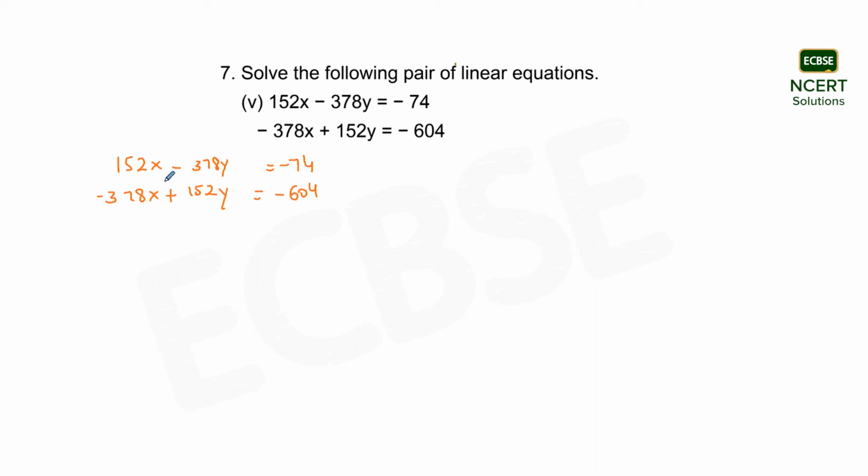What this method says is, first add the two equations being provided. On adding these two equations, here it will be minus 226x minus 226y is equal to minus 678. So this is the equation obtained on adding the two linear equations provided in the question.